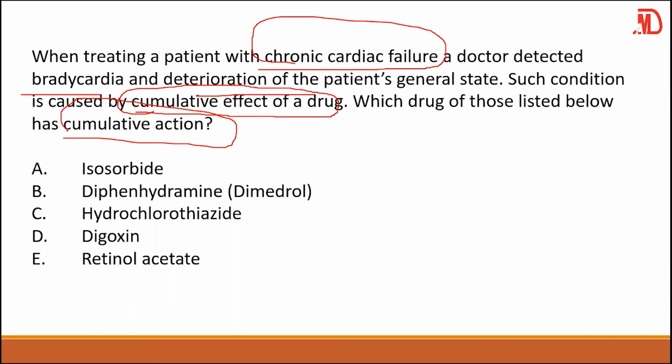And usually digoxin is made up of herbs or plants. And these things could be accumulating inside the person, and that can lead to such a condition. And what type of accumulation is it? Is it functional accumulation or material accumulation? We talked about it, guys. Oh, you have forgotten.